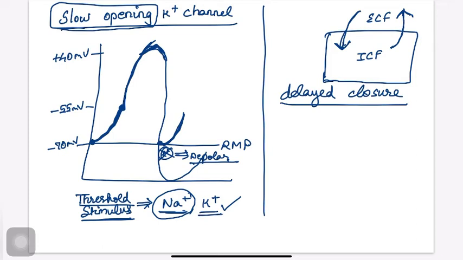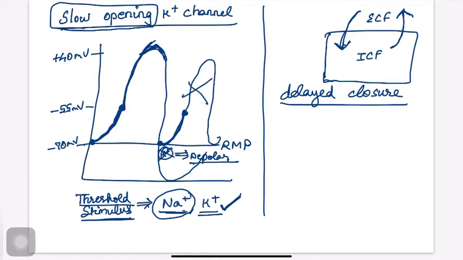So the membrane potential will again reach a less negative value, and it can reach up to threshold potential. So it can generate the next action potential.